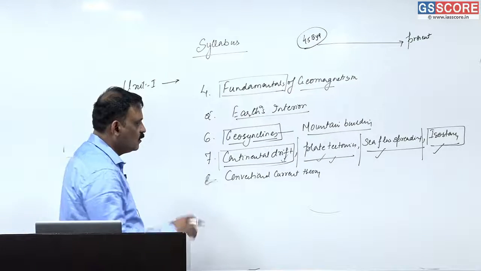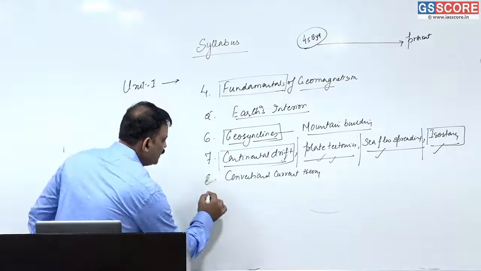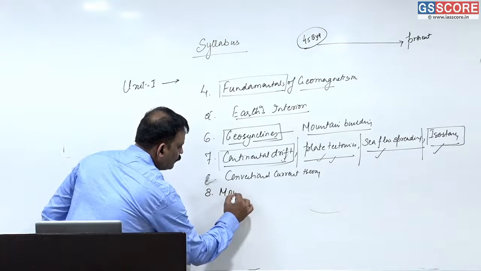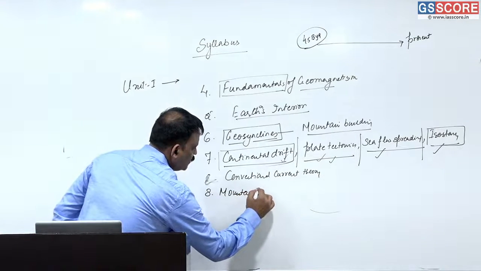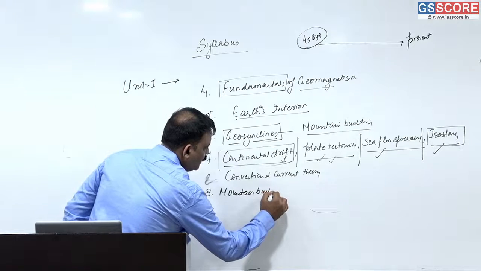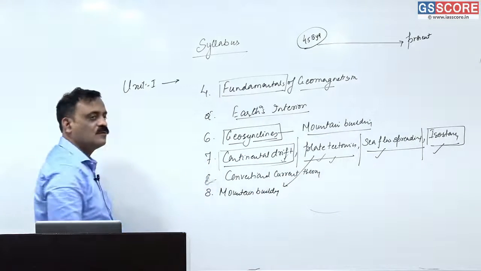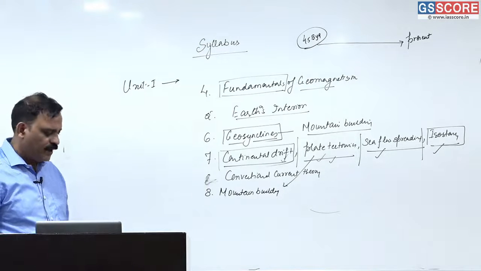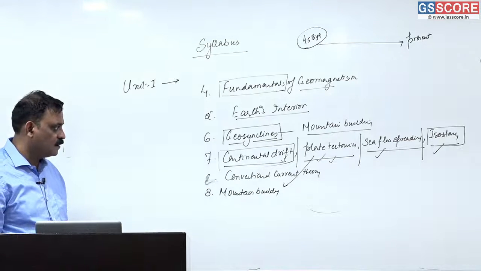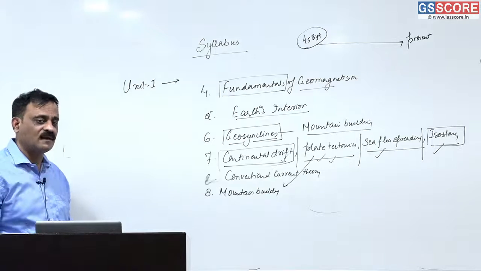Okay, so suppose there is a topic about mountain building. Obviously in the context of mountain building you are going to apply plate tectonics in order to understand how the mountains are created.